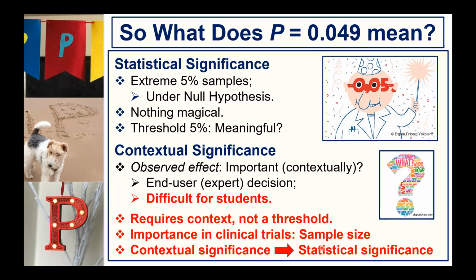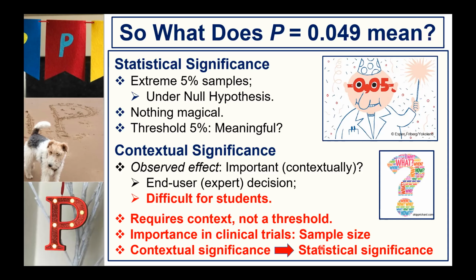But the question is, what does that threshold, 5%, why is it meaningful? And then we start talking about contextual significance. And I sort of say, well, is the observed effect that we've seen in our study important contextually? Now, that is often an end user expert's decision. And I think that's really, really difficult for students. A lot of the time when we talk about statistics and confidence intervals in particular, we say, is this important contextually?